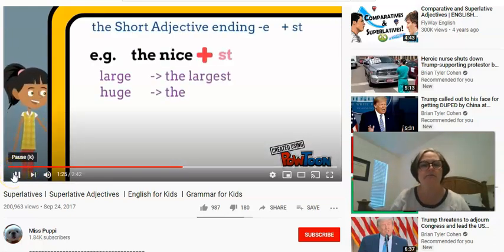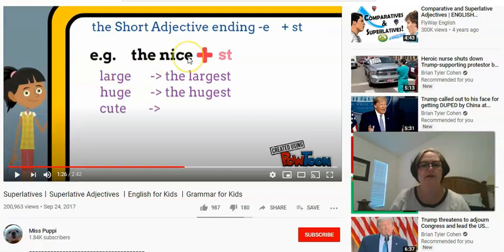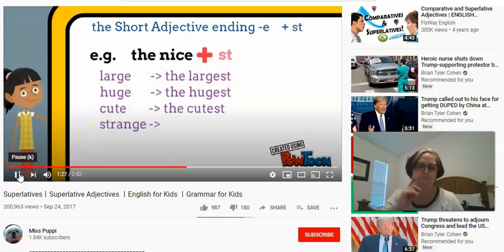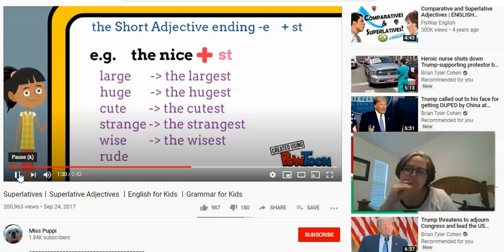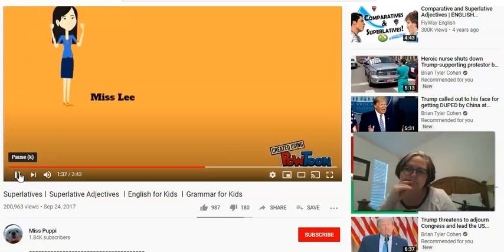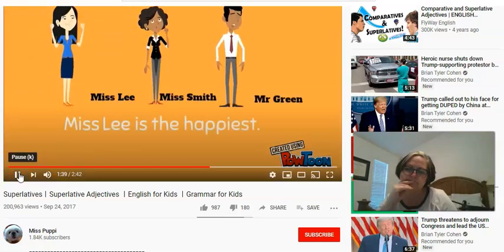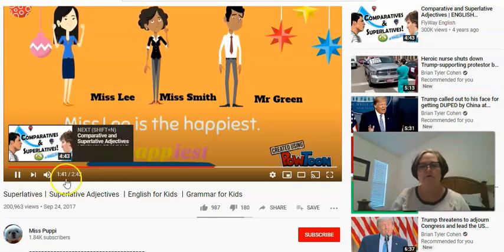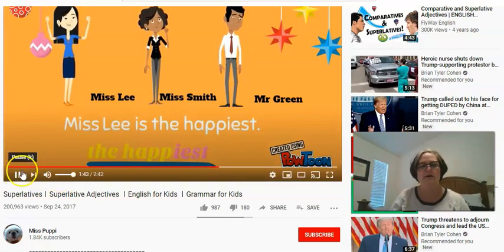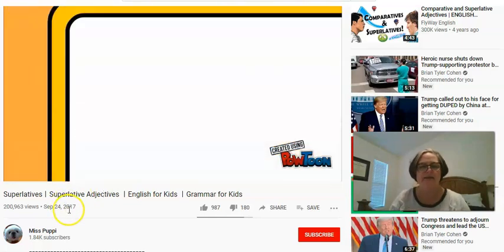Superlative: if the word ends with an E, we're just adding the ST on the end. We don't have to add another E. It's just an ST because it already has an E. Is the happiest.